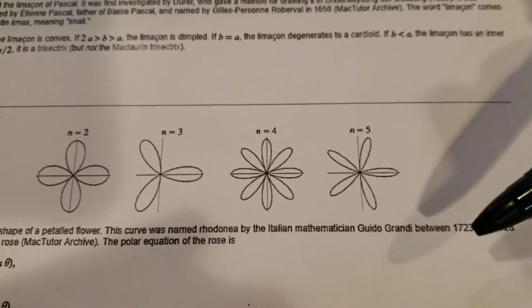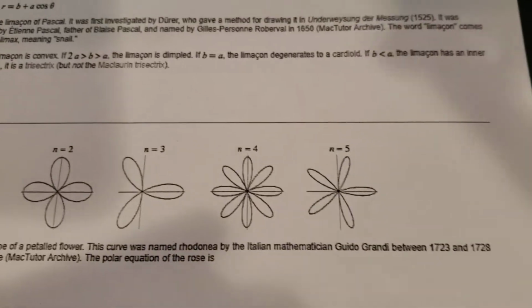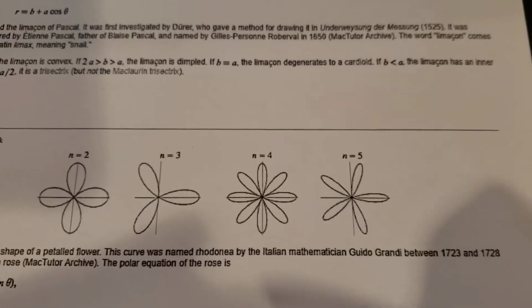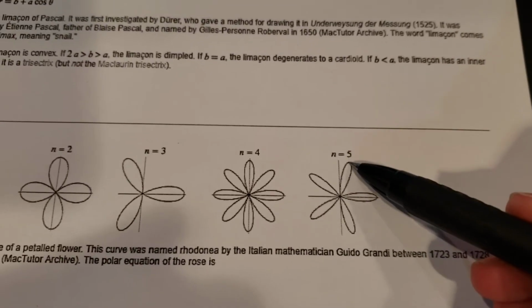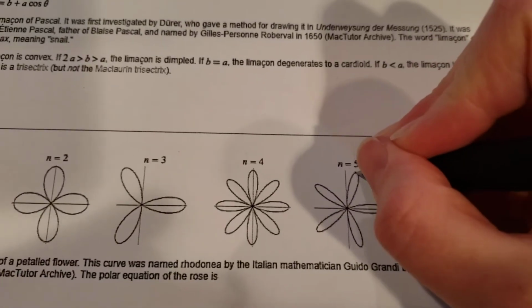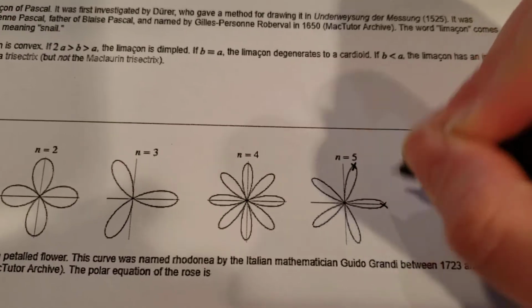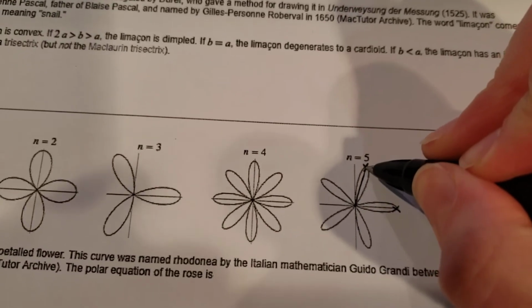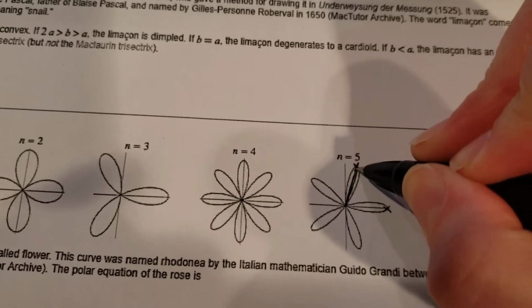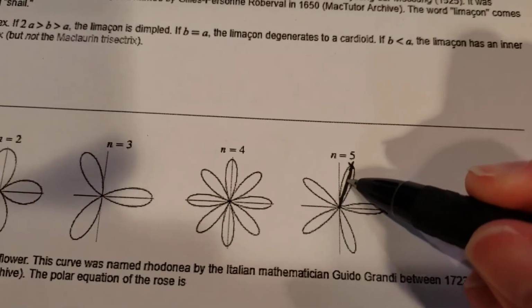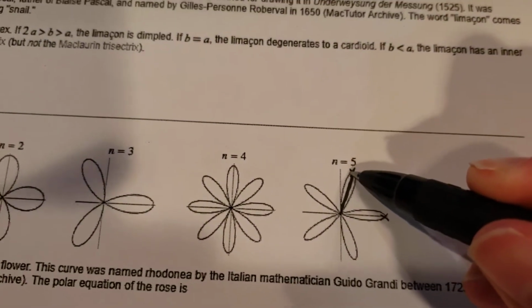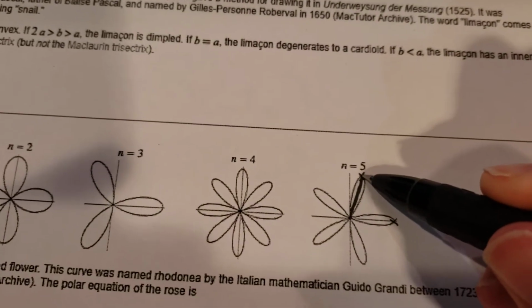Now, what's going to be important about graphing a rose curve is knowing how many petals there are, where the largest, I shouldn't say largest, but the longest part of the petal is. We're going to figure out what that is. You need to know how long the longest part of the petal is and that amount of degrees of rotation.